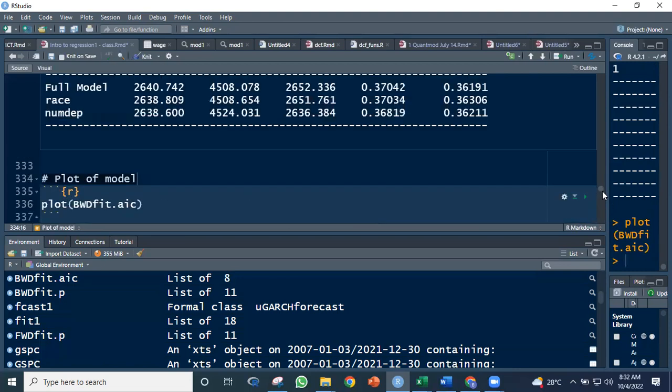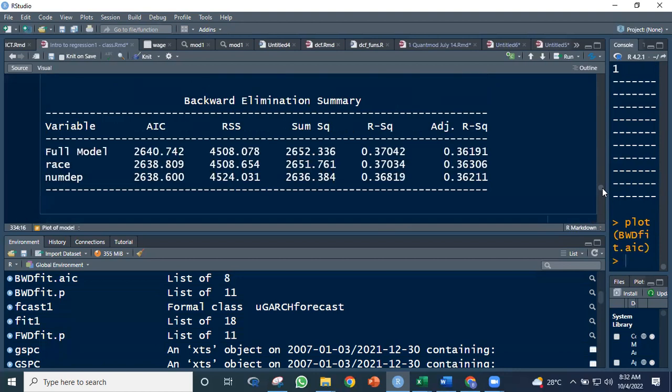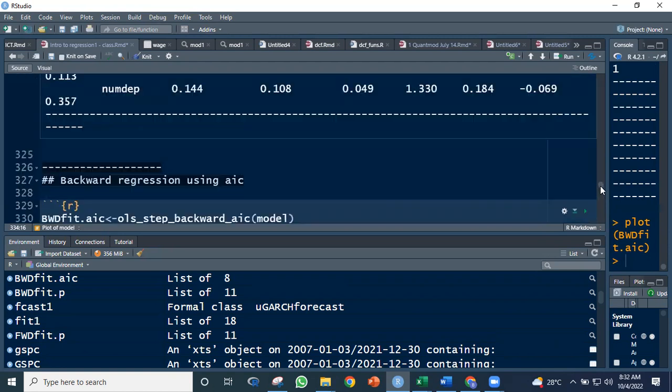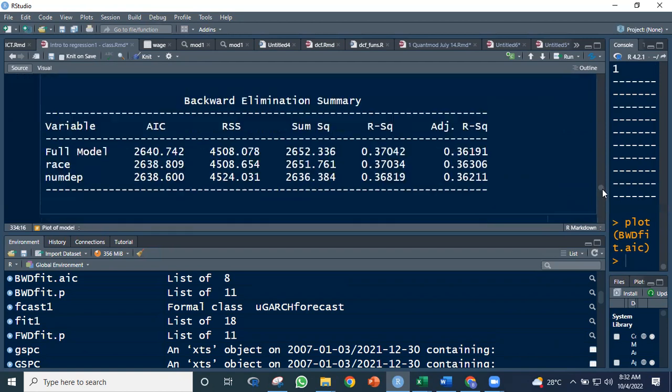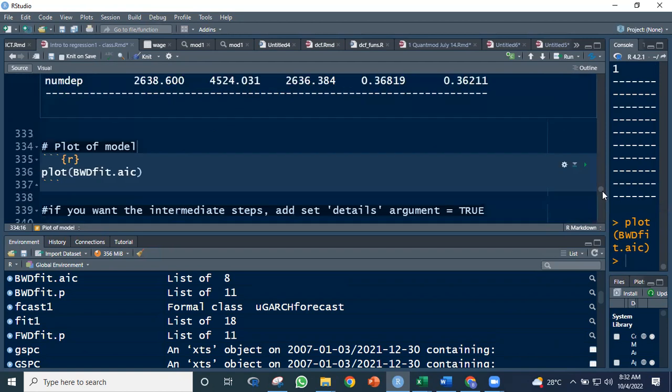Because for the model, oh, only two, right? This is correct, guys. Only two were removed, race and number of dependents. I was thinking of backward using p-value. So this one is correct, right? This is similar to model number 4, where experience is still included, based on AIC. Okay, so only the backward with p-value is somewhat problematic.